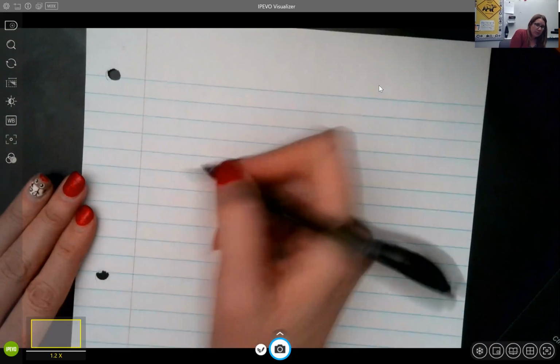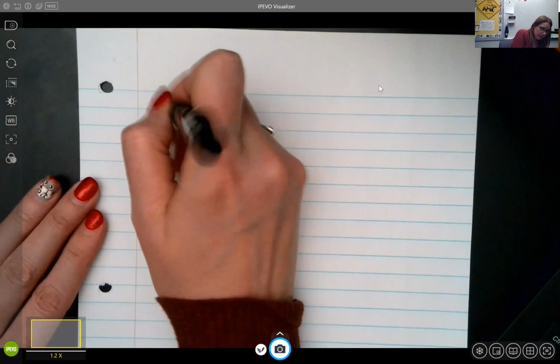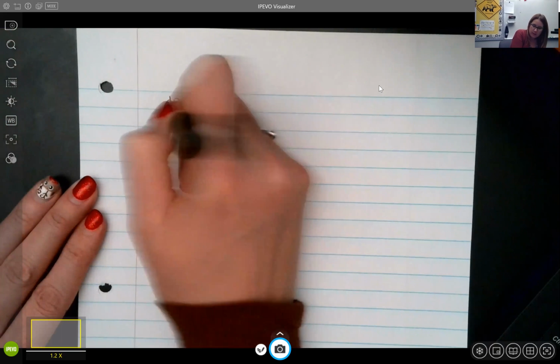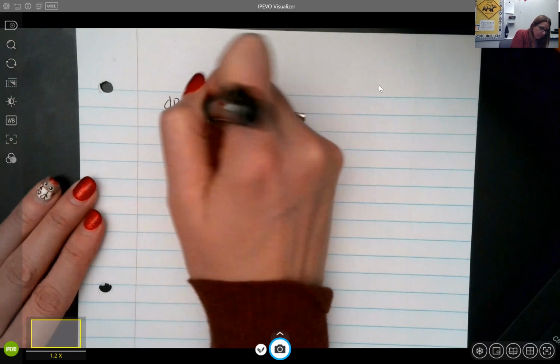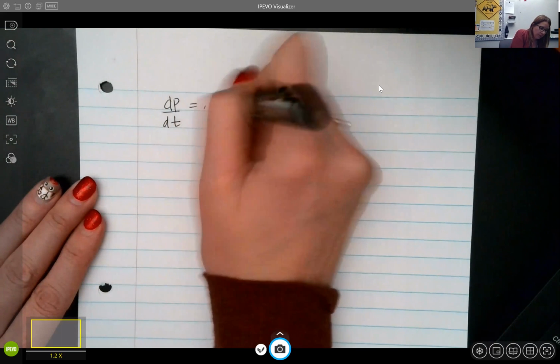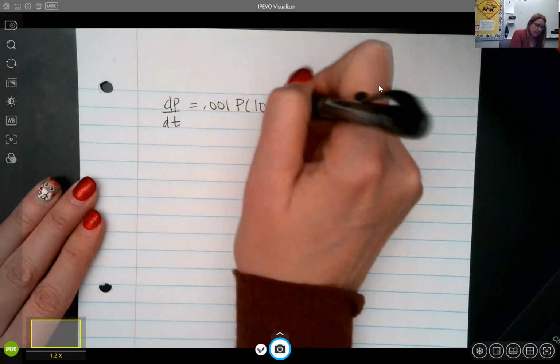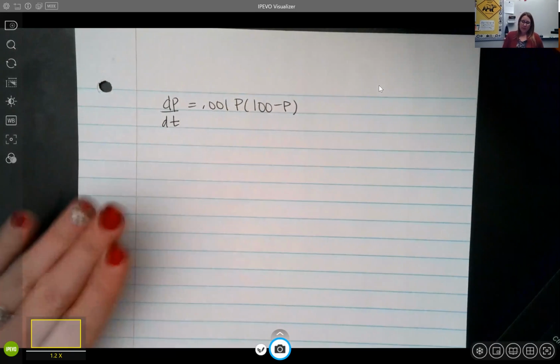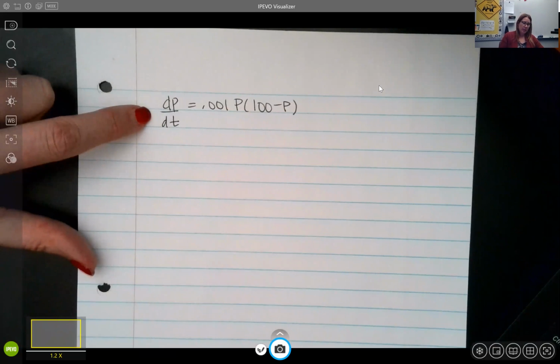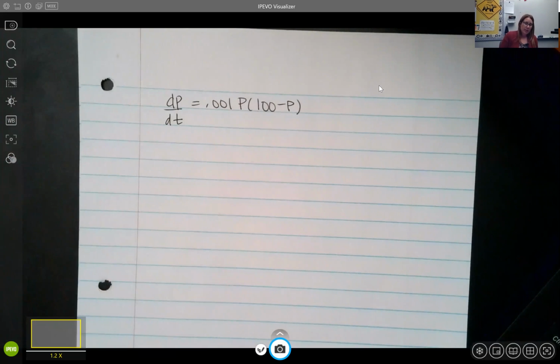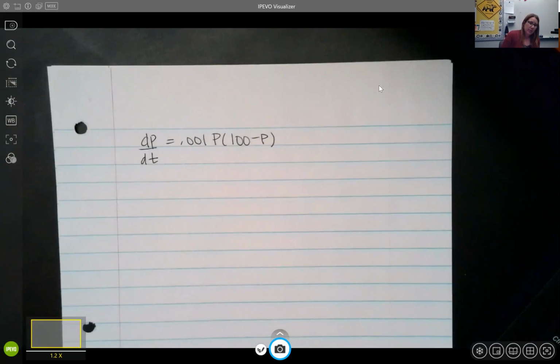Okay, so we're going to start off by writing the equation that we wrote already. I'm going to solve this differential equation for P, so I have to separate the variables.